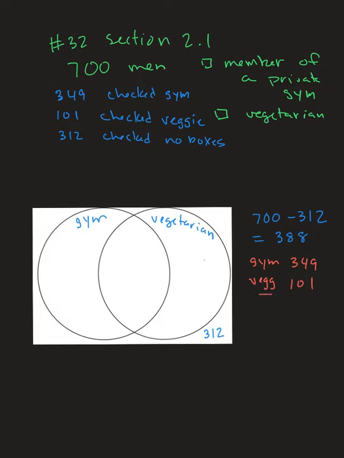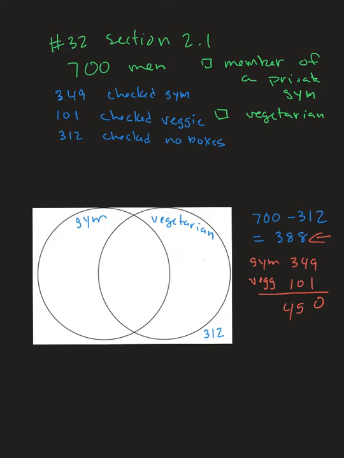And if I add that, that's 450. So this gives me 450, but I thought there was only 388 people left. Do you notice that there should only be 388 people, but if I add the two numbers, the gym and the vegetarian, I get 450.